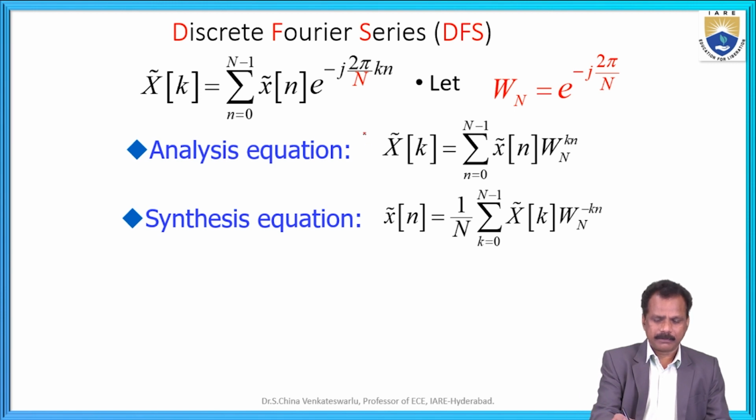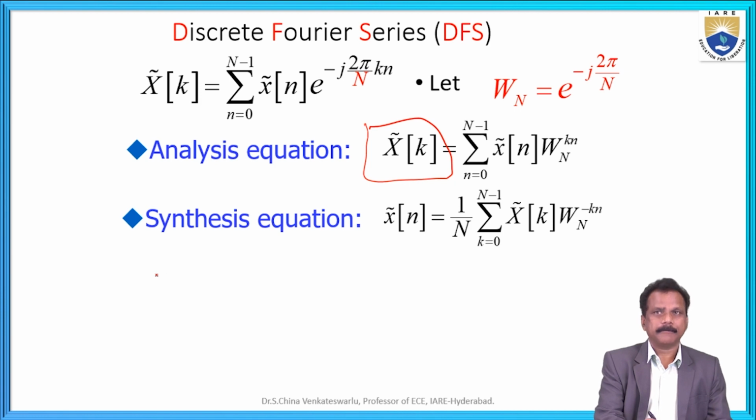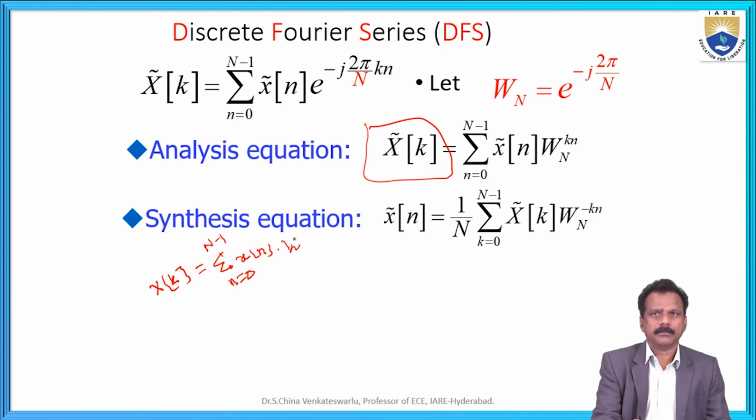So the analysis equation is X of k equal to the summation n equal to 0 to capital N minus 1 of x of n into the twiddle factor W N power kn.